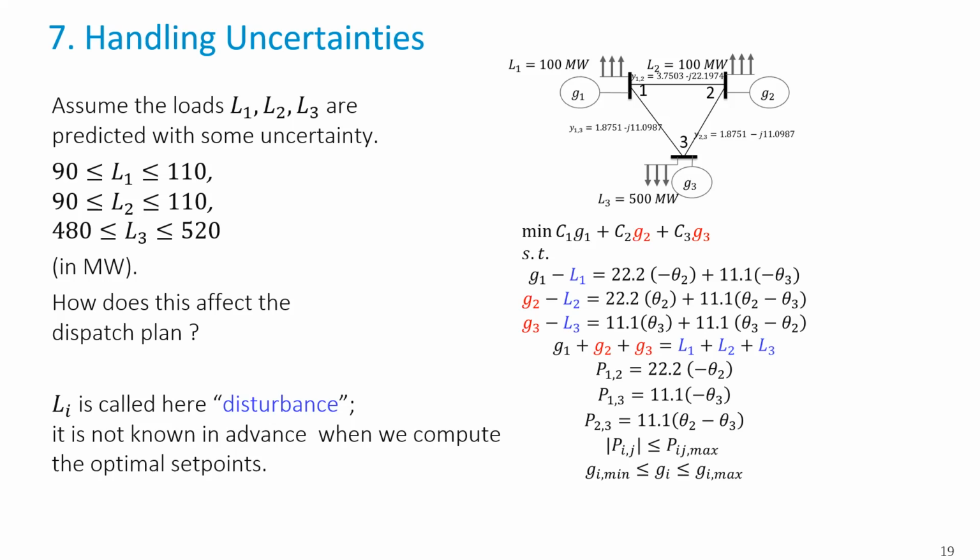As I mentioned before, this is motivated by uncertainty in some of the environment variables. For example, in this very small, simple grid that we saw last week, instead of assuming that the load consumptions L1, L2, L3 are fixed, I can assume that they are predicted with some uncertainty.